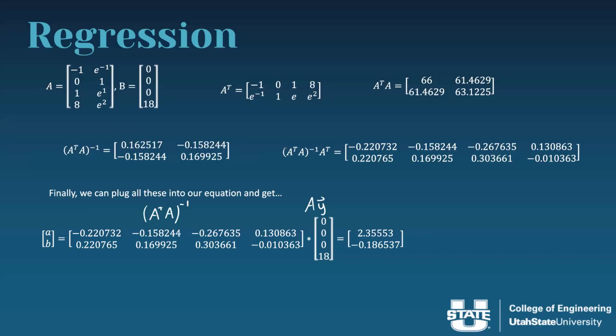And these values represent what we can plug back into our original function, which was f of x equal to 2.3553x cubed, minus 0.186537 e to the x.